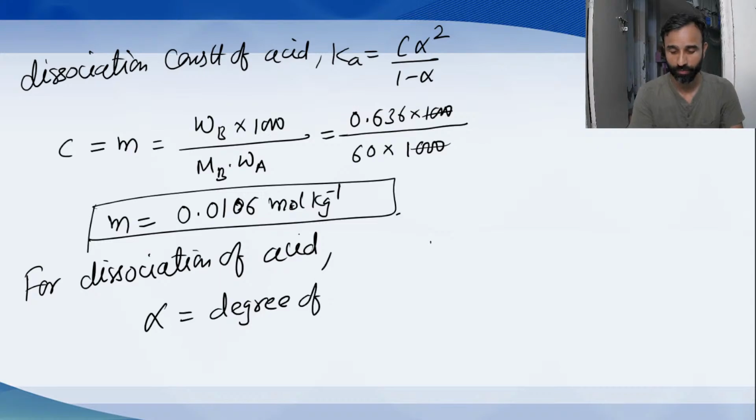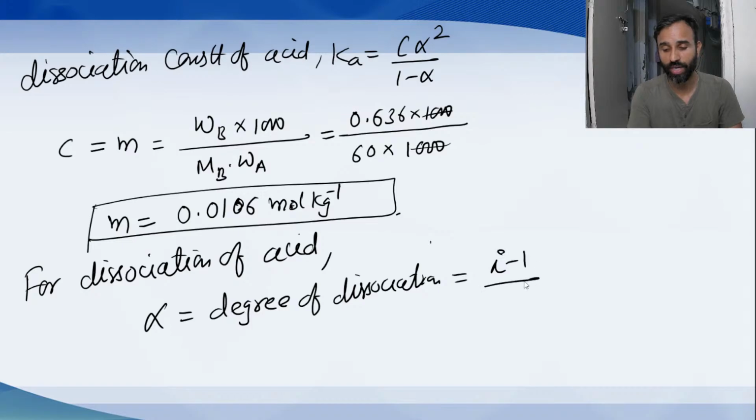So this degree of dissociation is equal to i minus 1 divided by n minus 1. So what is n here?